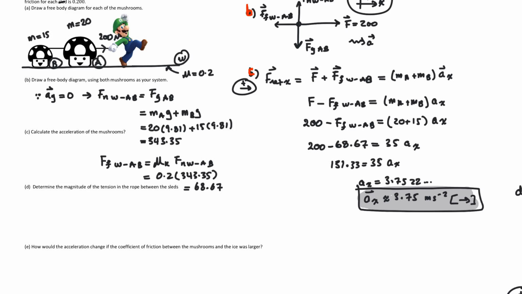The simplified version of the second law of motion says the net force is equal to mass times acceleration. And if the net force is smaller but the mass is the same, that would mean that the acceleration is reduced.